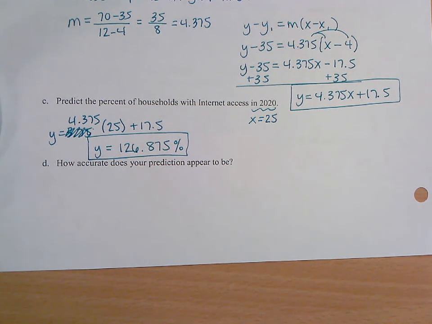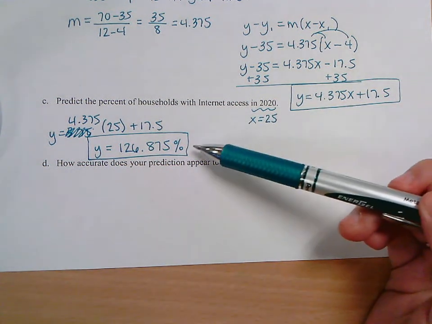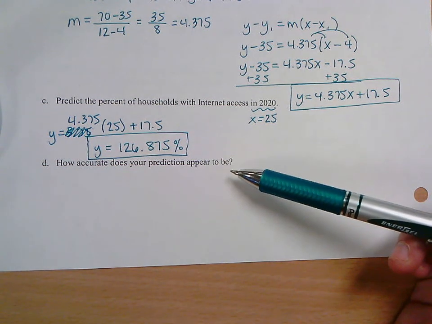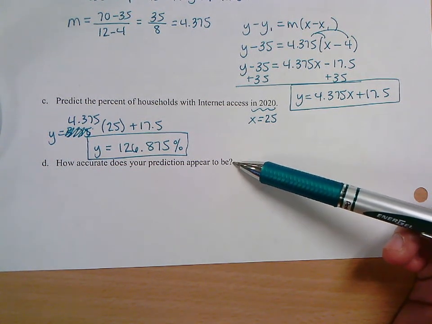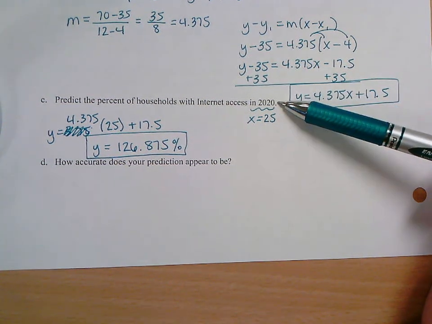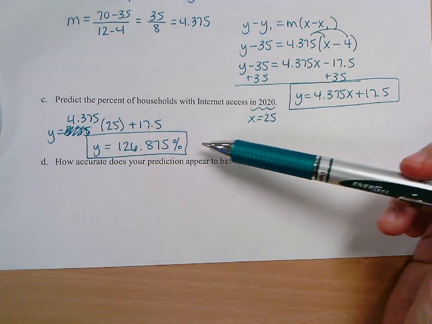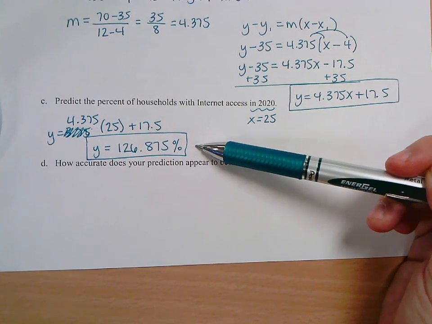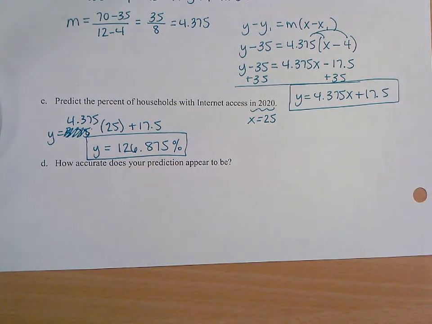D then asks, because this is math and science, when you're actually using data to make predictions, then you have to decide, is that reasonable? So it says, how accurate does your prediction appear to be? If you were to think about this in the year 2020, so next year, do you think every single household in the United States will have internet access?